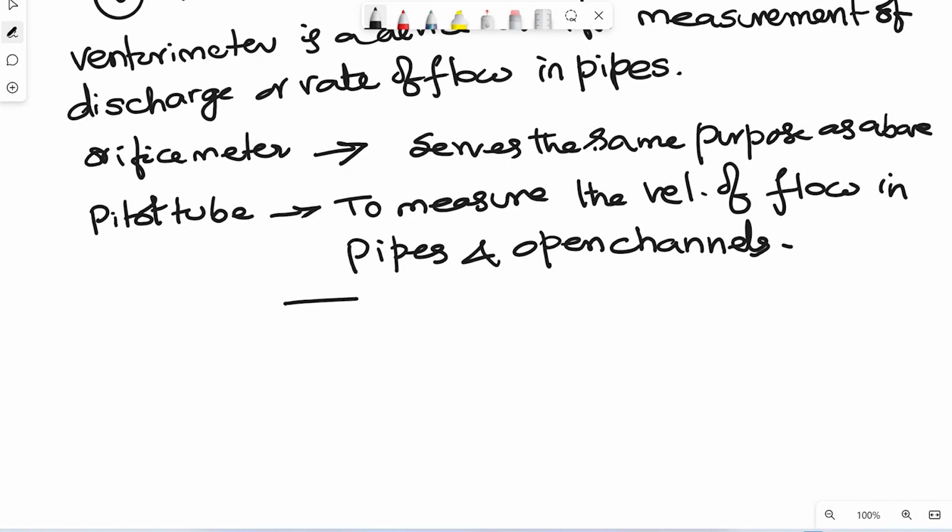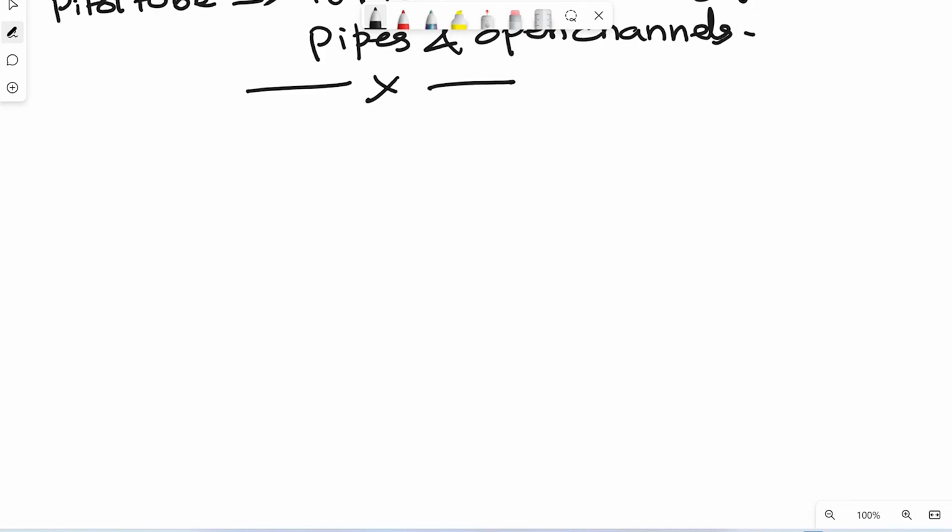So these are the purposes for which these three devices are used. How Bernoulli's principle, Bernoulli's equation is used in this, that we will take up.